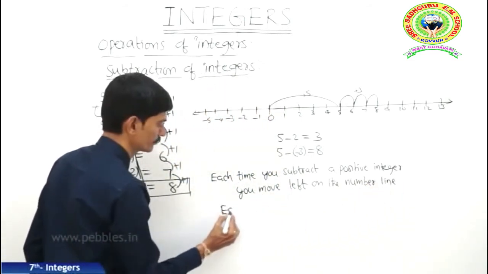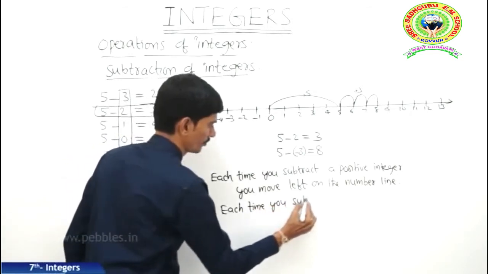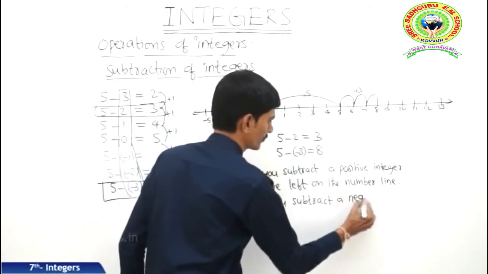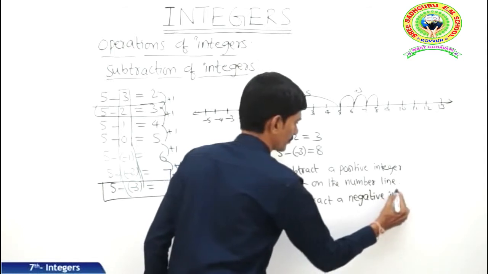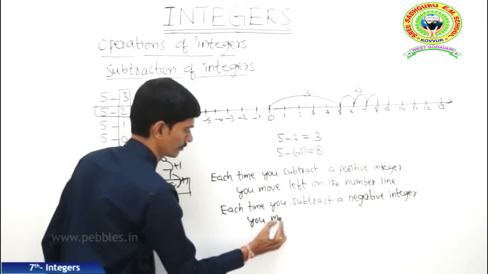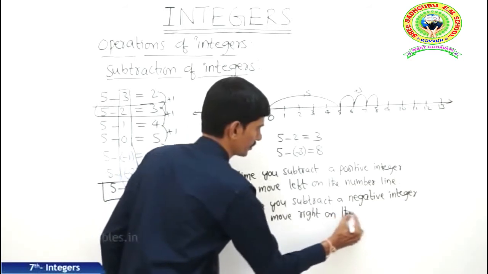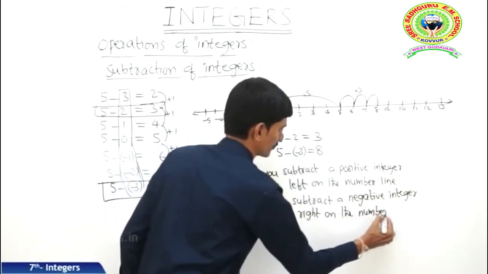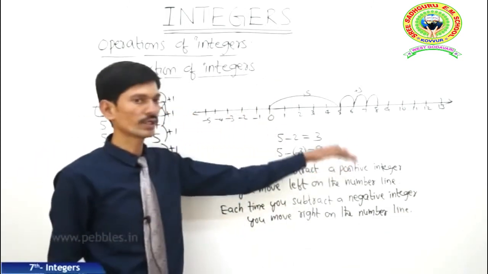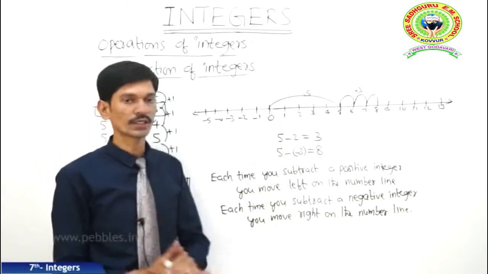Now each time you subtract a negative integer, you move right on the number line. So when you subtract a positive integer, we move left on the number line, and when you subtract a negative integer, we move right on the number line.